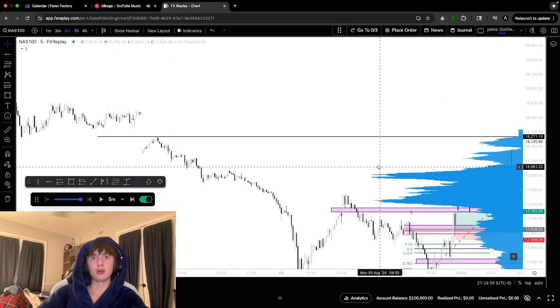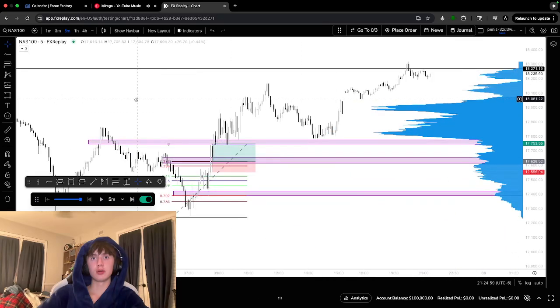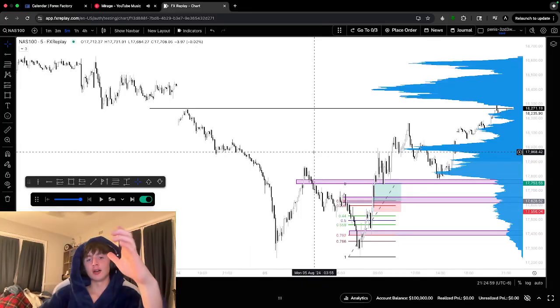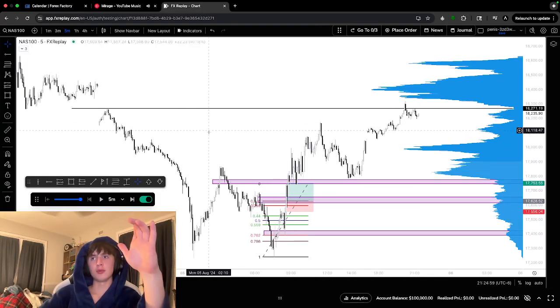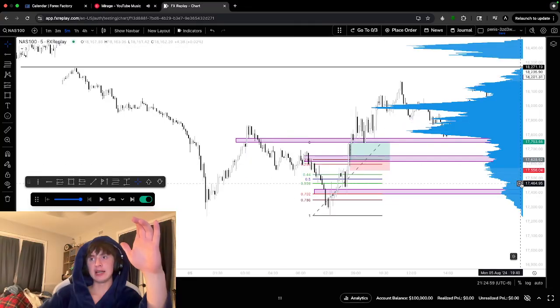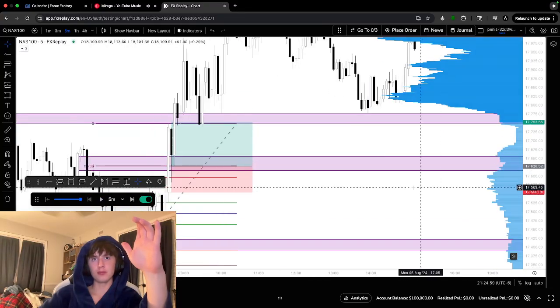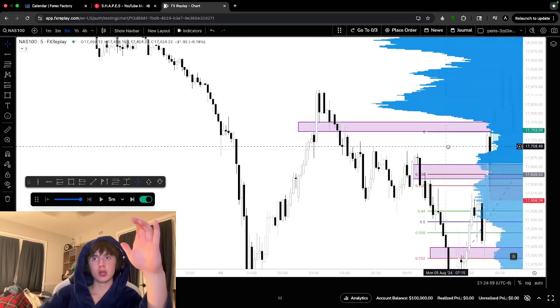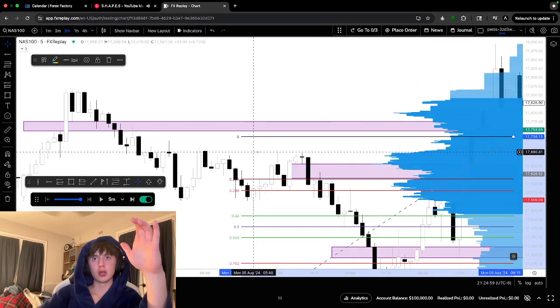Oh wait. Bro, I'm such an idiot. Our target was hit, but what was this black line that I saw? Are you freaking kidding me?